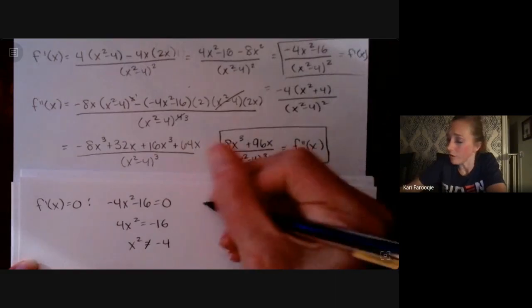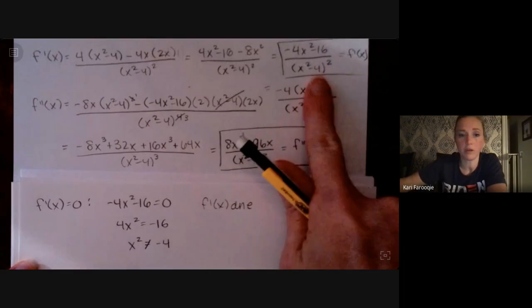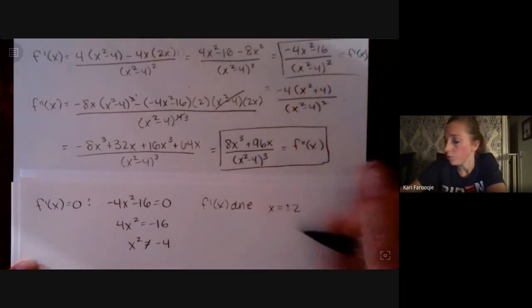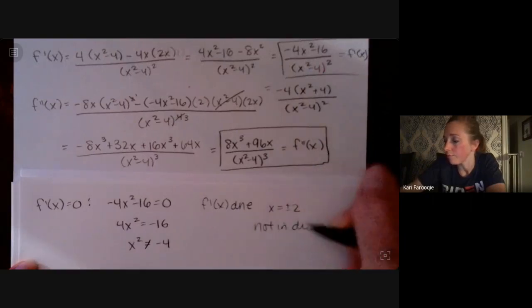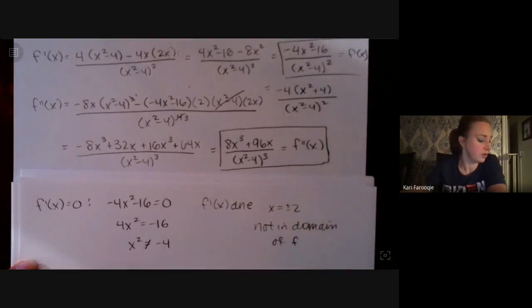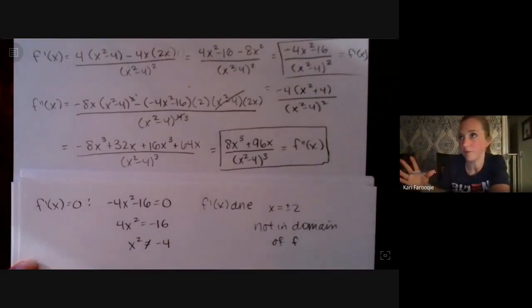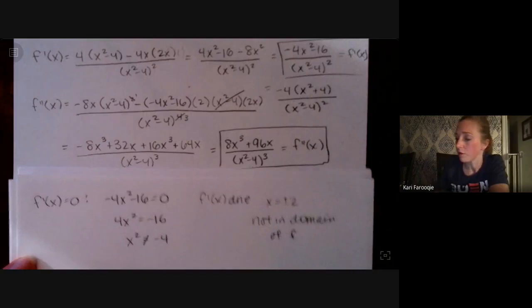And then remember that when you are looking at your denominator for values where f prime cannot possibly exist, that's going to occur at x equals plus or minus 2, but these values are not in the domain of f. So if you're thinking there must be something wrong if I have no critical numbers, it happens sometimes. We have no critical numbers.